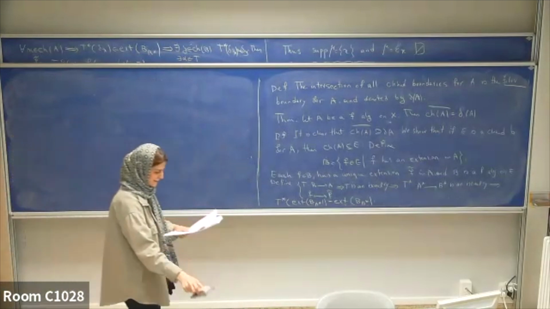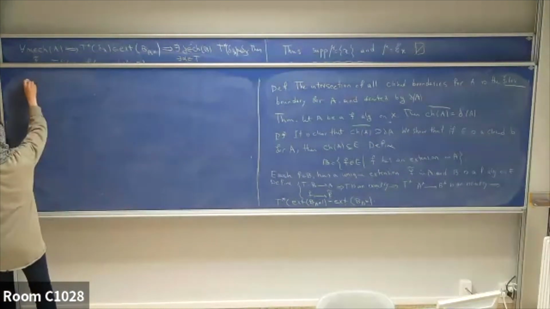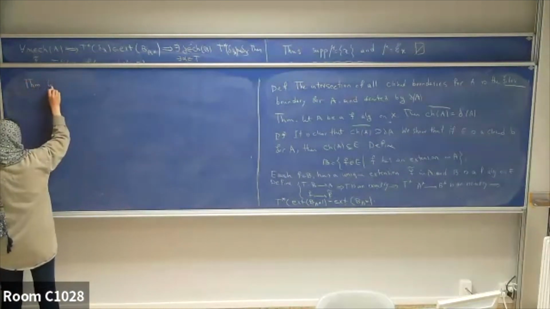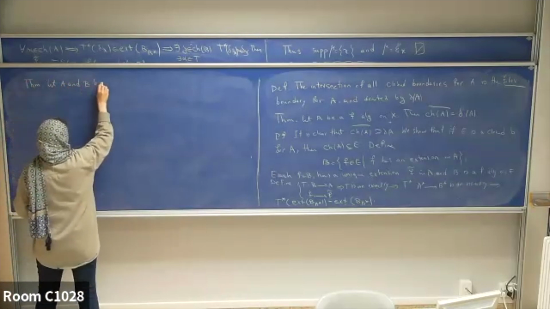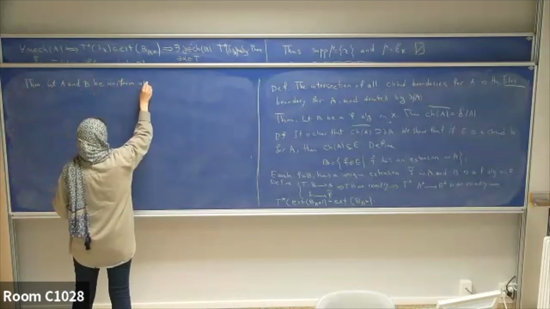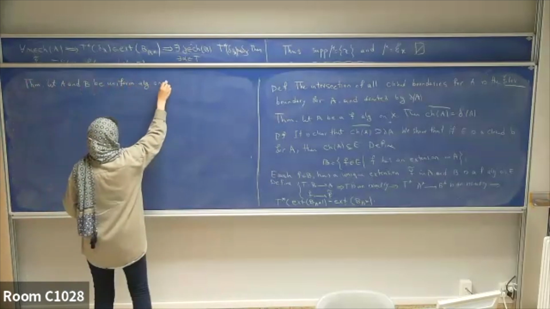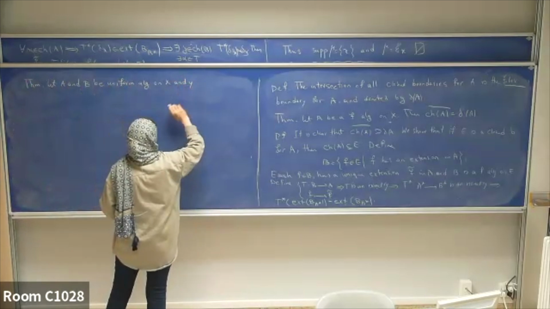Really nice. Okay. Let A and B be uniform algebras on compact Hausdorff spaces X and Y respectively.